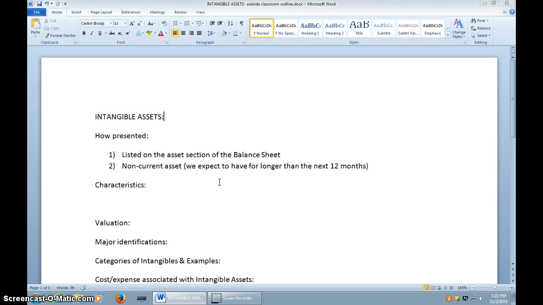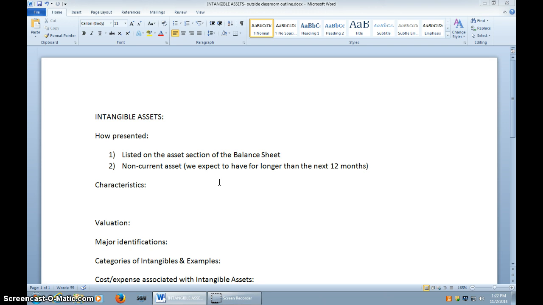First of all, with intangible assets, I want to say that these are non-current assets. We've been talking about non-current assets previously.